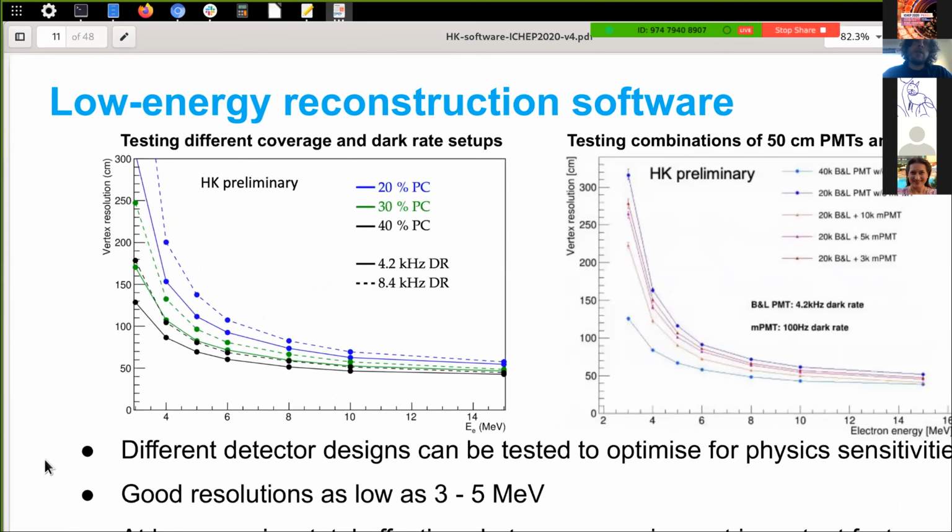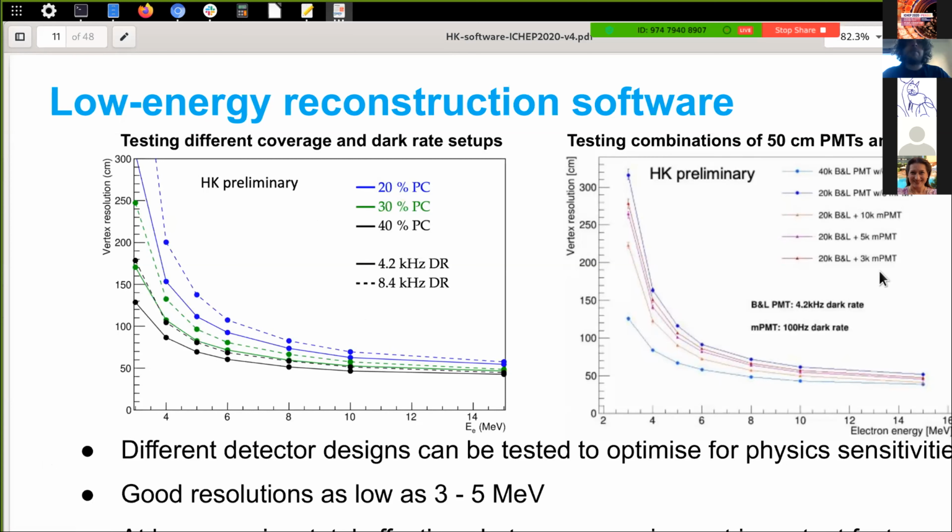So this is for the Hyper-K far detector, looking at different photo coverages, different numbers of PMTs in the tank, as well as different assumed dark rates for those PMTs. And we can see how the vertex resolution changes based on these different designs. On the right, we have a similar study, but looking at, again, the number of PMTs, but also with or without the addition of multi-PMT modules.